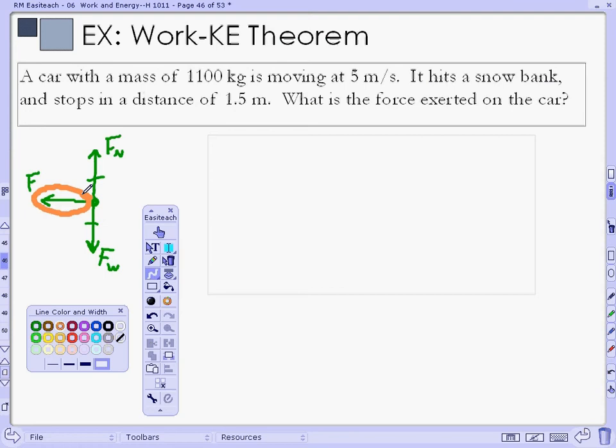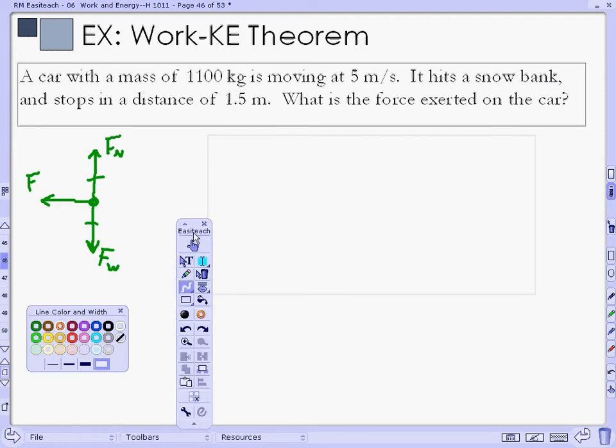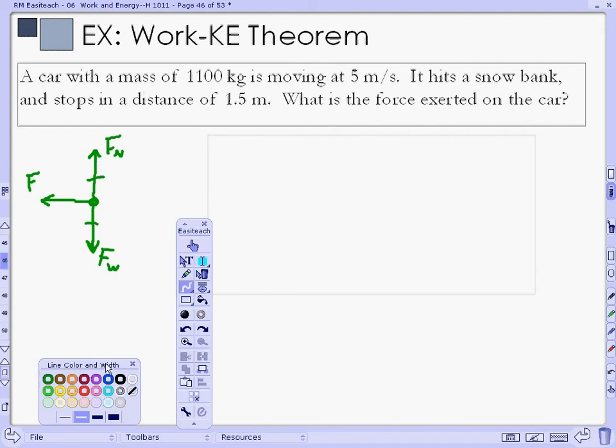It's that stopping force. And what we know is that that force is going to be exerted over some distance, d. And that force multiplied by the distance is work done by the snowbank on the car.